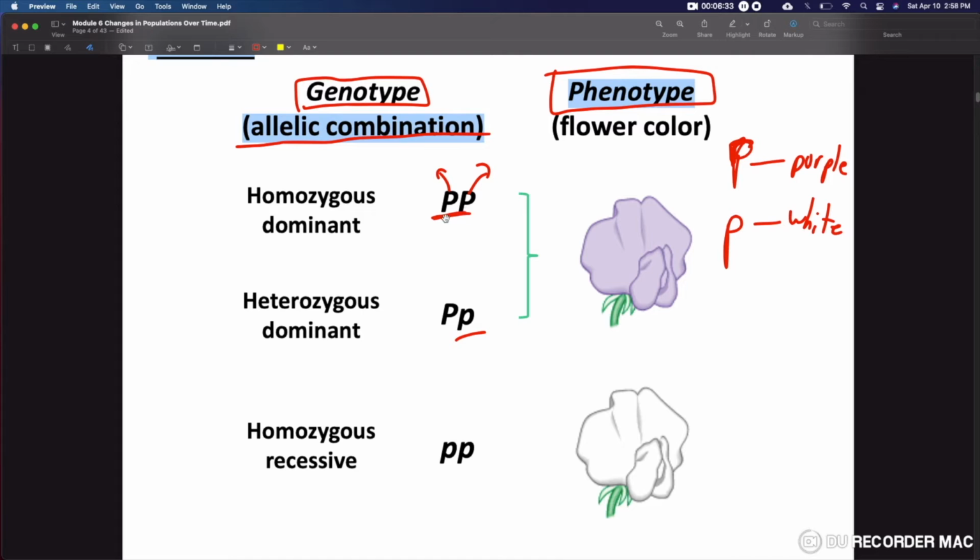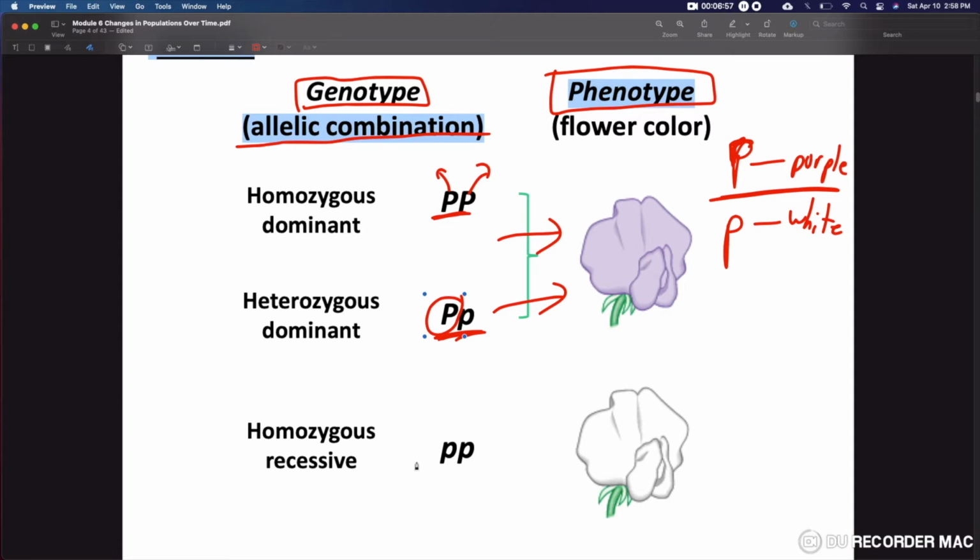So, your homozygous dominant will code for a phenotype that is purple flower. Again, the heterozygous individual naman will also code for a purple flower because just one copy of the dominant P allele is enough to express the dominant phenotype, the dominant characteristic.